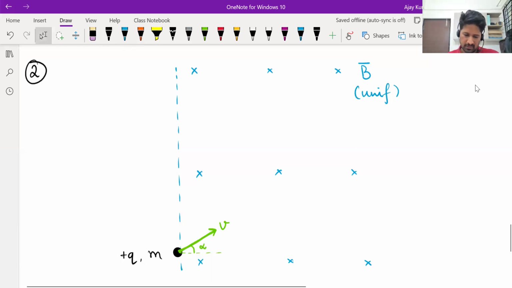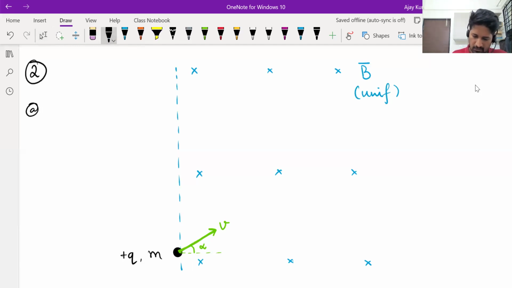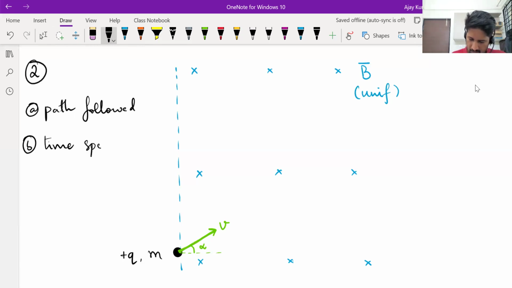I want you all to imagine first the path followed by the particle. Next, you need to find out the time spent inside the magnetic field.